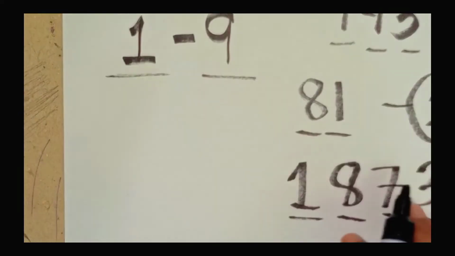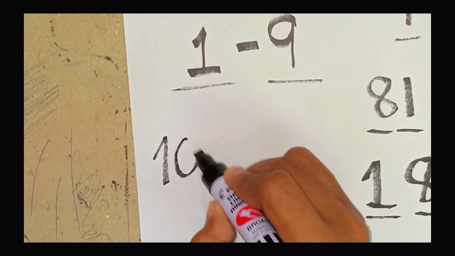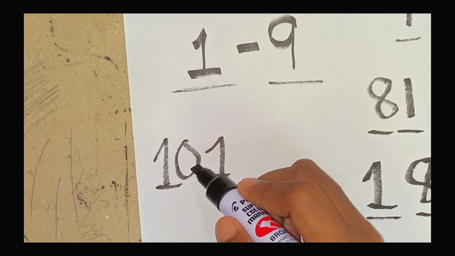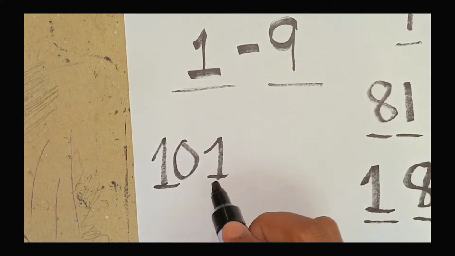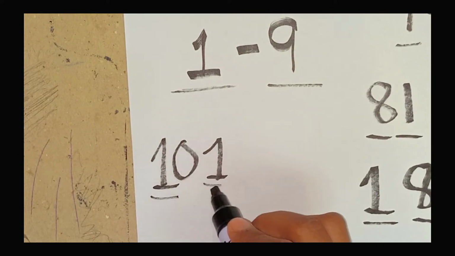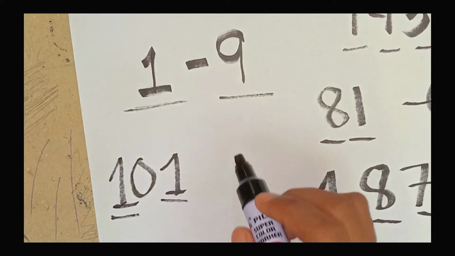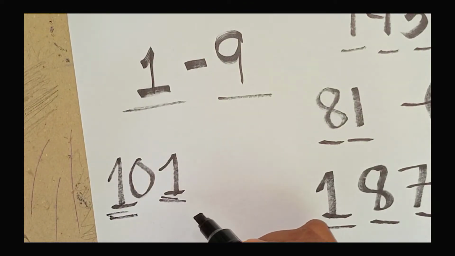So how about this one? 1, 0, 1. How many significant figures will it have? Now, zeros in between non-zero numbers are always counted as significant figures.